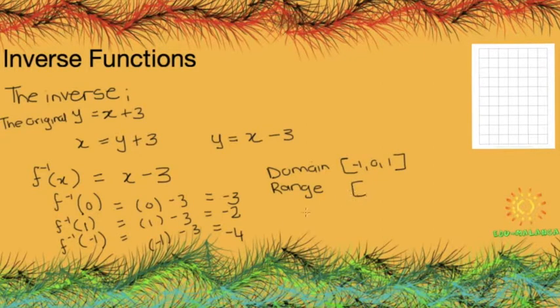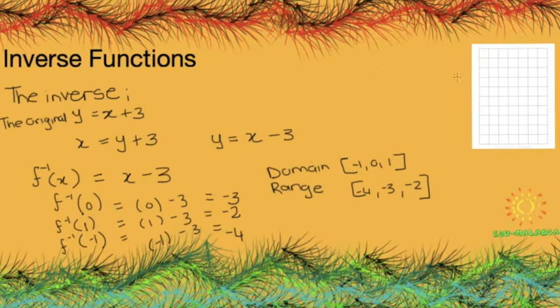The range, therefore, which is the corresponding values, became negative 4, 0 corresponded with negative 3, and 1 corresponded to negative 2. Now I just have to plot the graphs so that we complete this and understand how it corresponds to being inverted across the line y is equal to x.